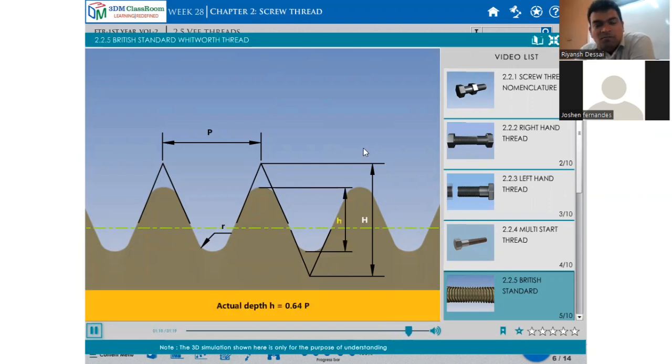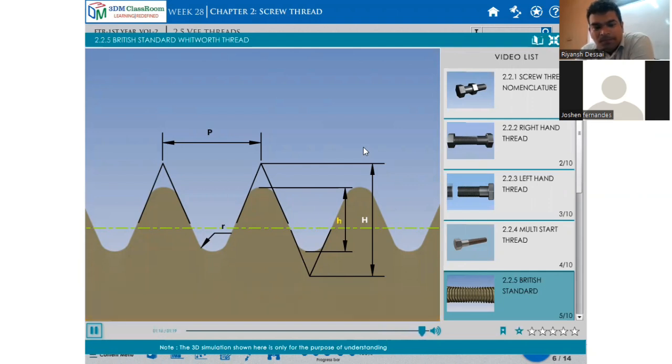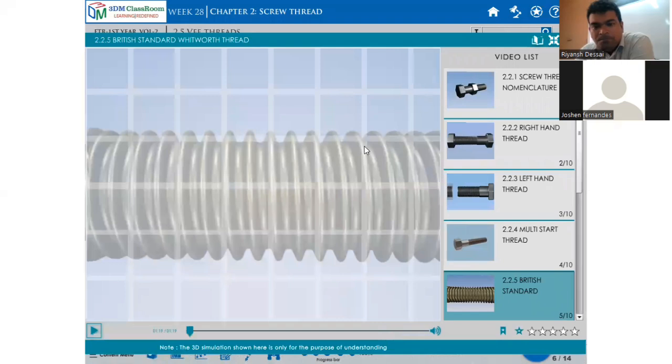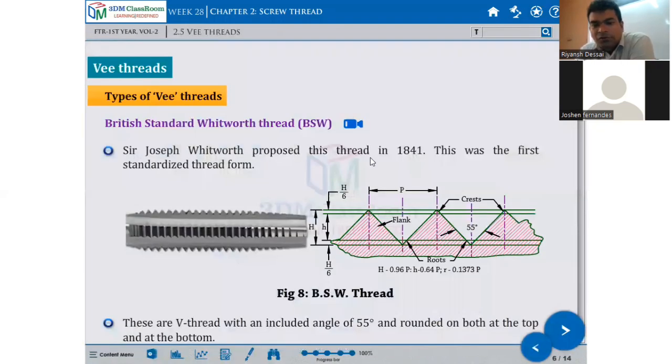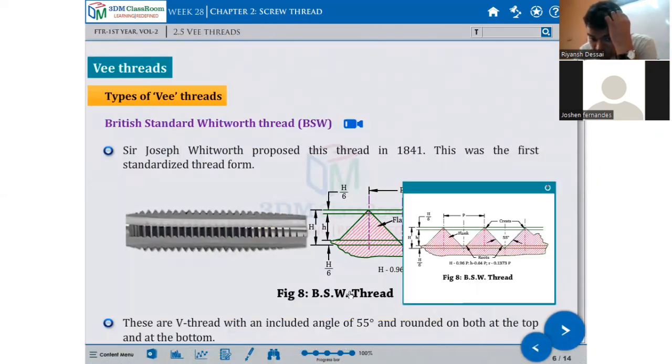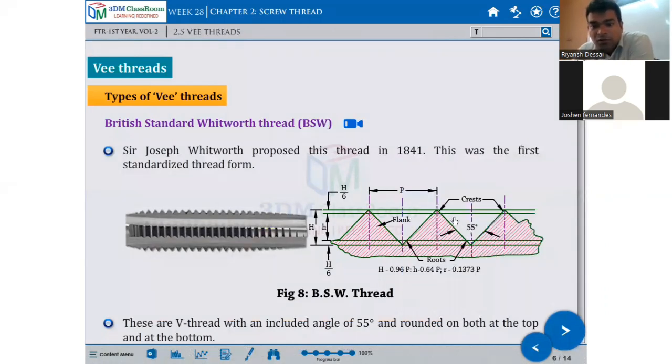Actual depth h is equal to 0.648 pitch. This is the small h and this is the total H. This h you will find after curving the top and bottom of the thread.